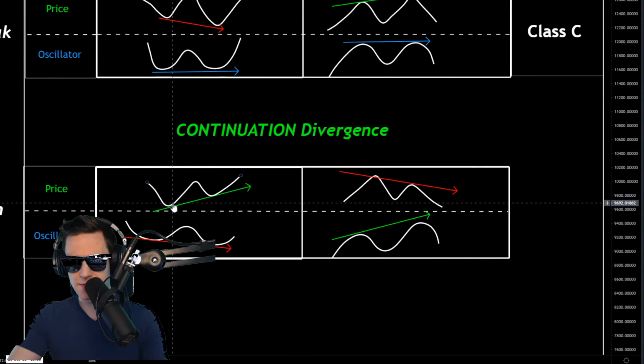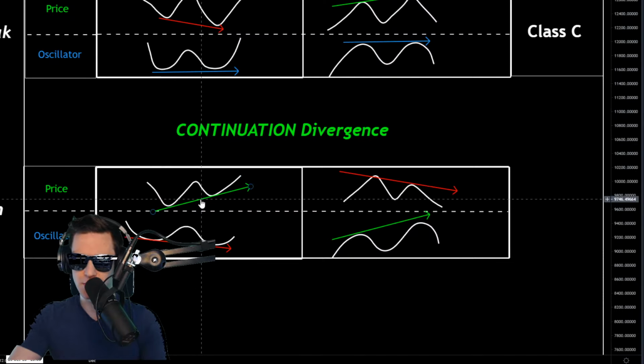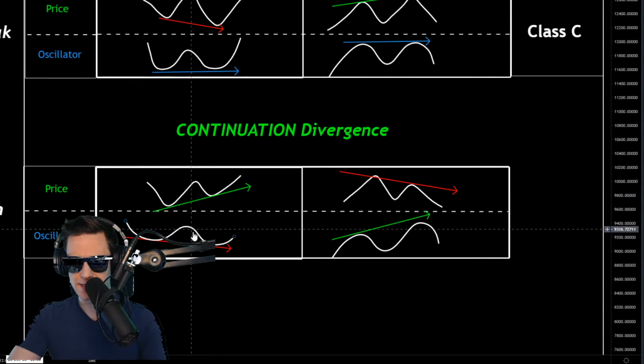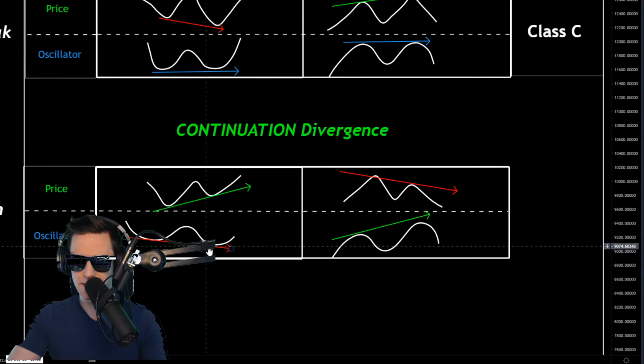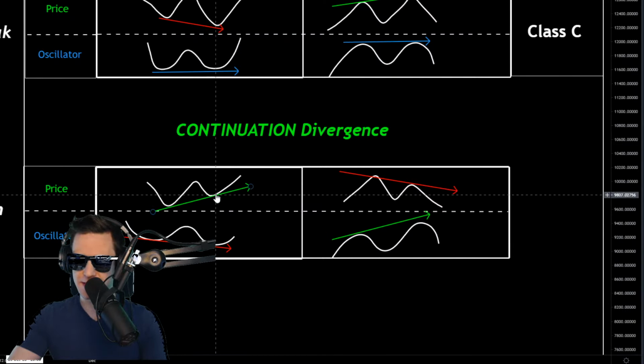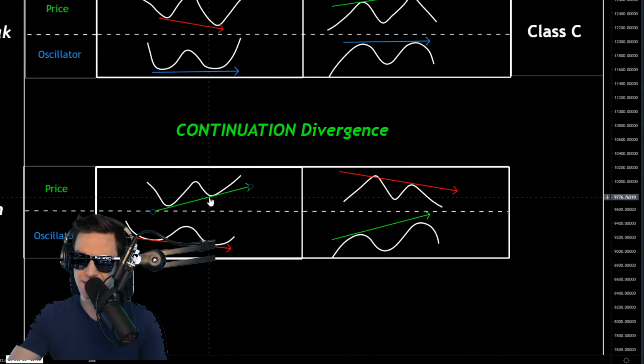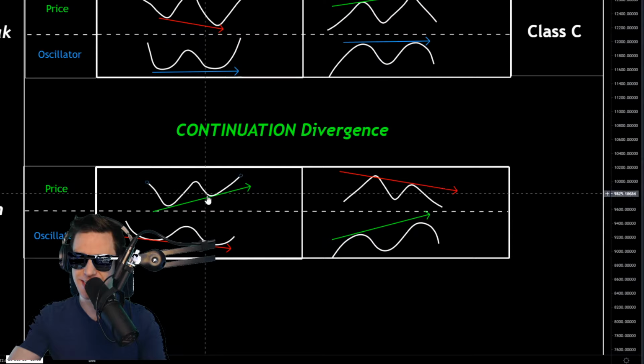I guess it's something to do with, so in hidden bullish divergence, you have a lower low, and then a pullback, and then a higher low. And you see your oscillator saying, no, selling is getting more powerful, but price isn't reflecting that. Price is saying, yeah, well, maybe selling's getting more intense, but you're not able to bring the price down.